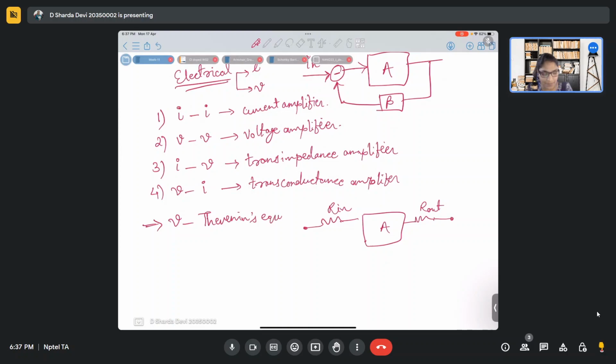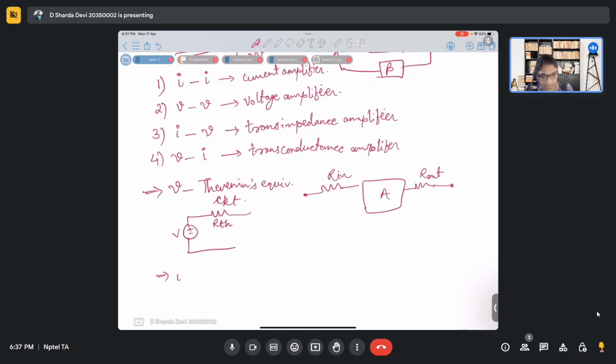Now, to make this very clear, first of all, when we talk about voltages, we always talk about Thevenin's equivalent circuit, which means if there is a voltage source, then your resistance with this voltage will always come in series with the source, right?